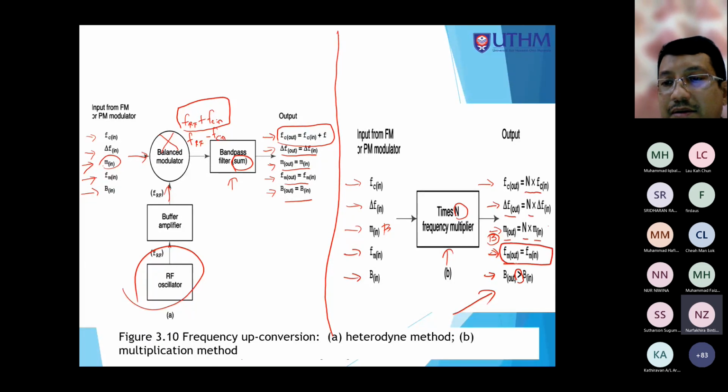Only this part remains the same, whereas the others will change. This is for the multiplication method. Different from the heterodyning method, in the heterodyning method, only the carrier will change, whereas the others remain the same.